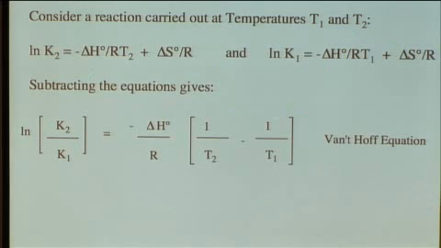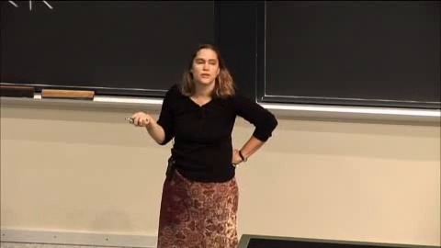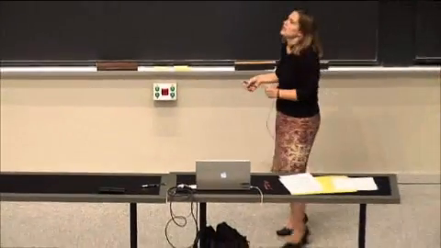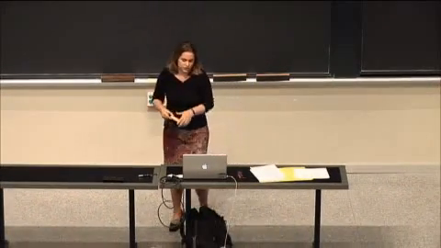And this just comes from subtracting those two equations. So again, you can think about how the equilibrium constant is going to change with temperature. That's what this equation does for you. So let's look at some of the things that fall out of this particular equation.